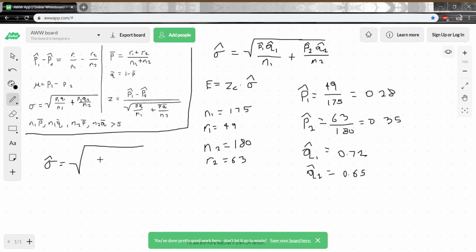So we're going to take the square root of 0.28 times 0.72 divided by the first sample size of 175, and we're adding to that 0.35 times 0.65 divided by the second sample size of 180.